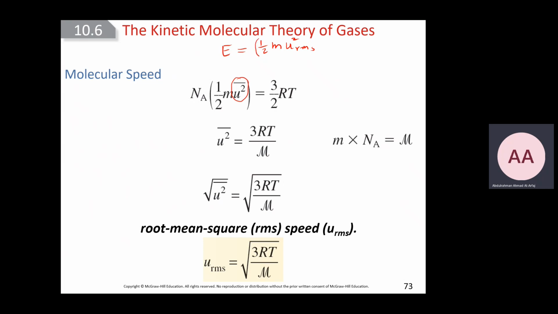But this is for one molecule. In order to have it for many molecules, I will have N, the number of molecules. If I want it for a mole, then I'll use Na. What does Na mean? Na is Avogadro's number.